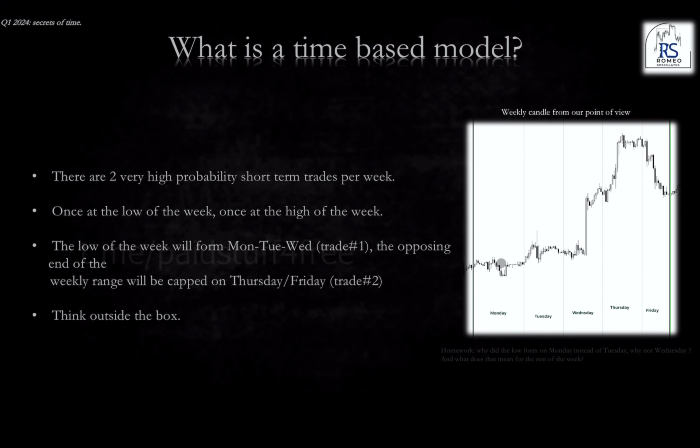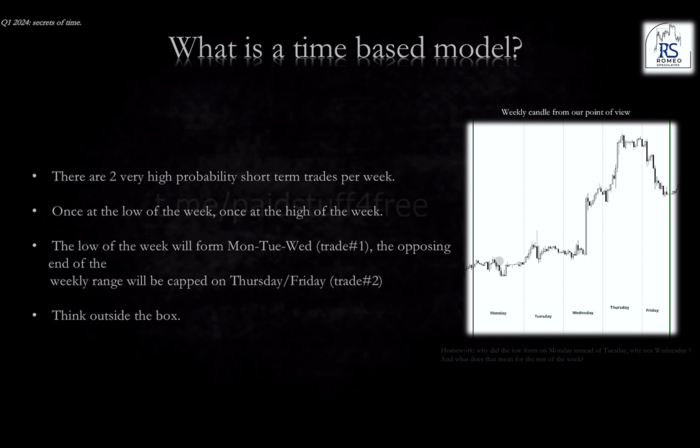Right, that was a Monday low of the week. And it never saw a decline after that. Why? That's your homework. Think, when does the high of the week form on Monday instead of Wednesday, instead of Tuesday, for example?